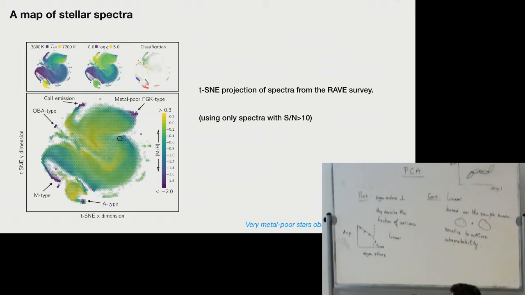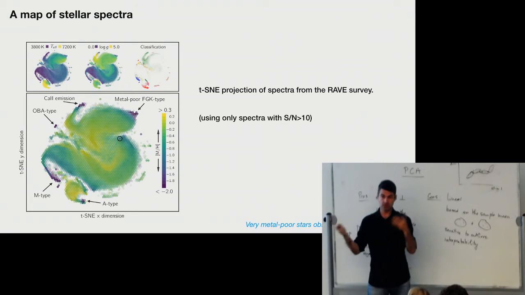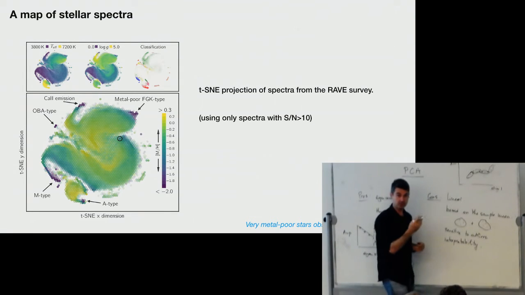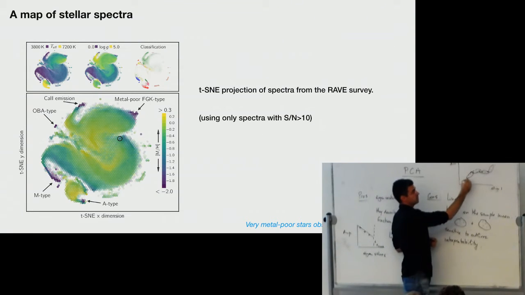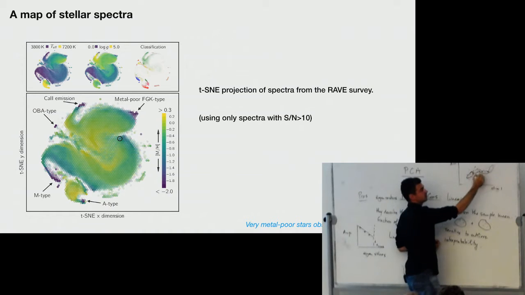So what happens if we have noise? Remember, all these techniques can only deal with variance. That's the information. And in variance, there is noise and there is structure. So if we have a manifold like this, and we have noise in the data, what the noise is going to do is basically dilate this manifold.